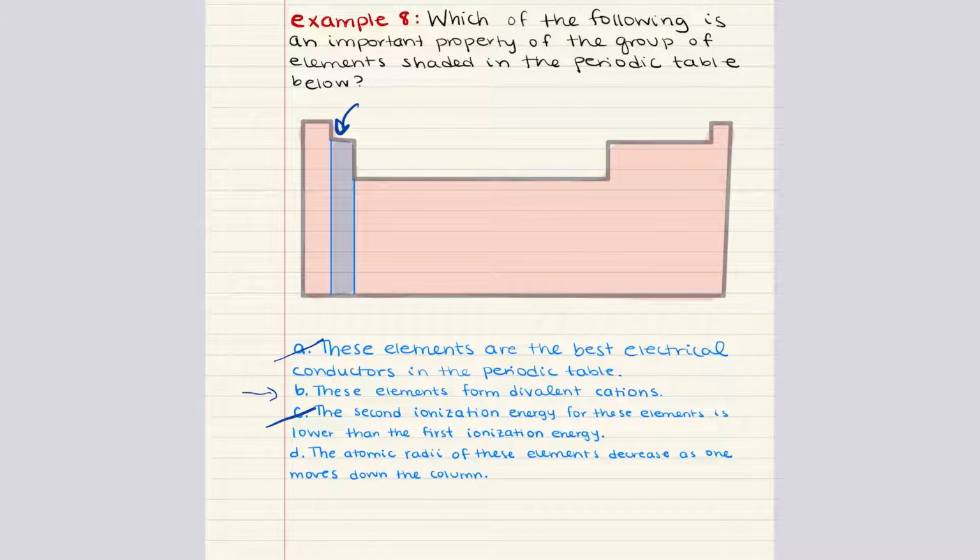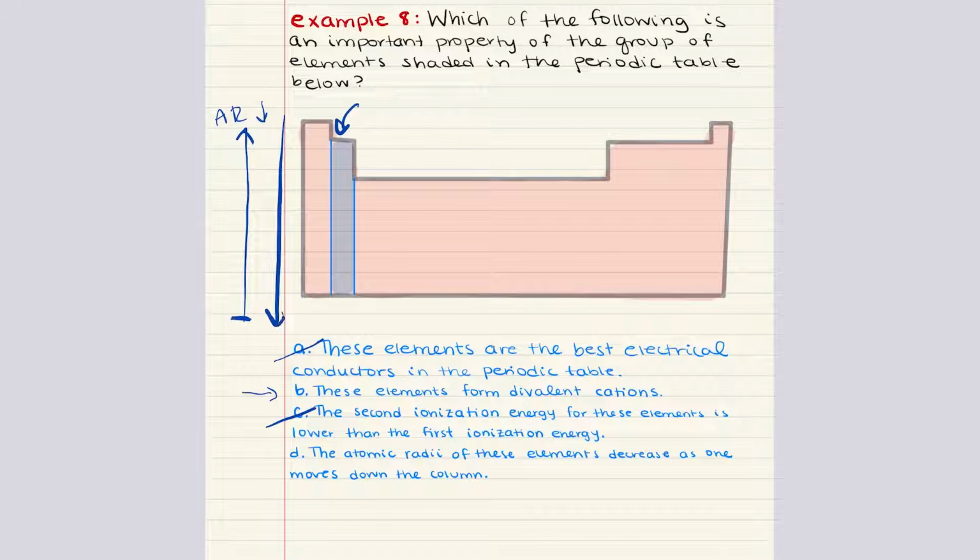Then answer choice D says that the atomic radii of these elements decreases as one moves down the column. This is also incorrect because the atomic radius actually increases as you move down a group in the periodic table. Now, when we learned the trend for atomic radii, what we said is that going from bottom to top, atomic radius decreases. All right. That means the opposite is also true.